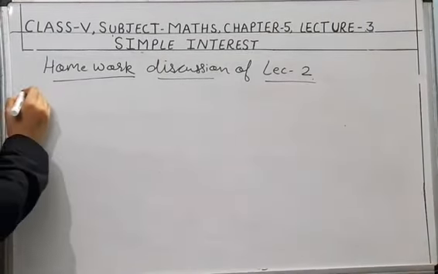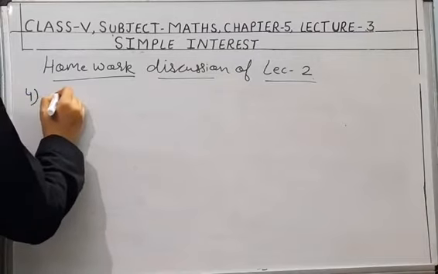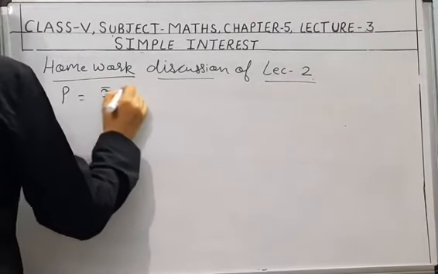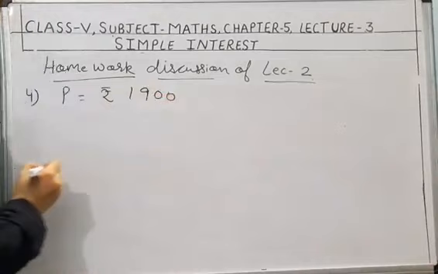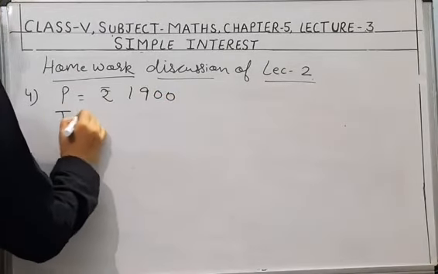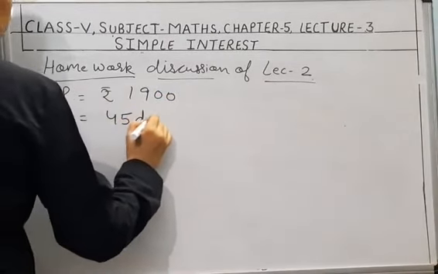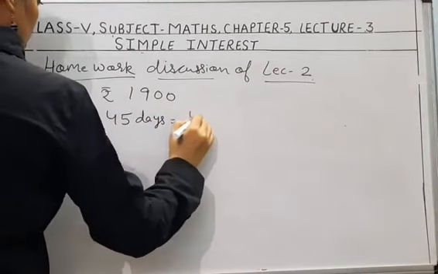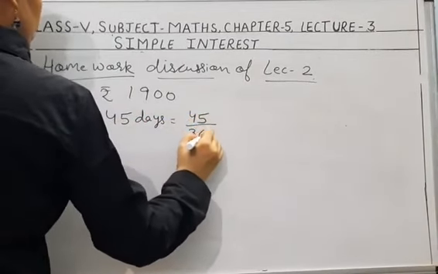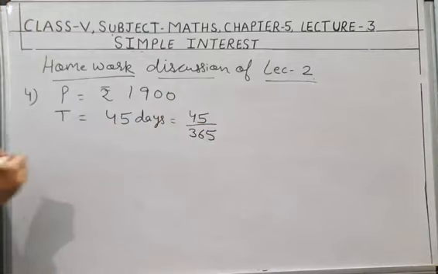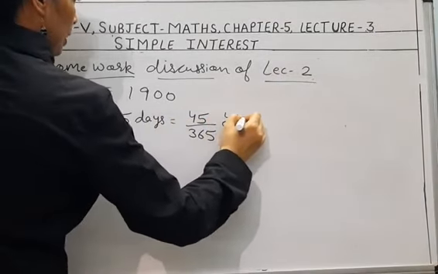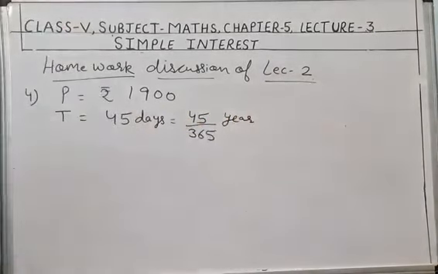Now we will do question number 4. जोन ने कितना रुपीस लिए? रुपीस 1900. That is principal. कितने टाइम के लिए? 45 days. And it was explained in the previous lecture, when it is in days you will divide by 365 to make it year.